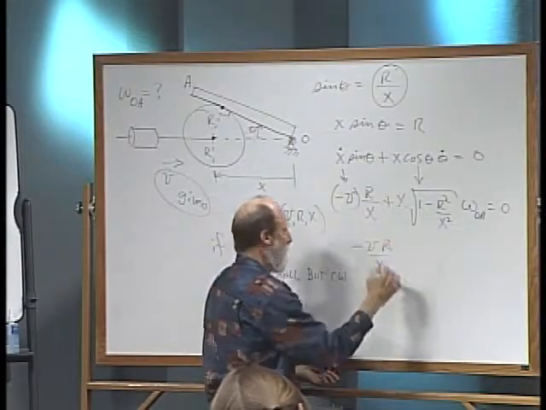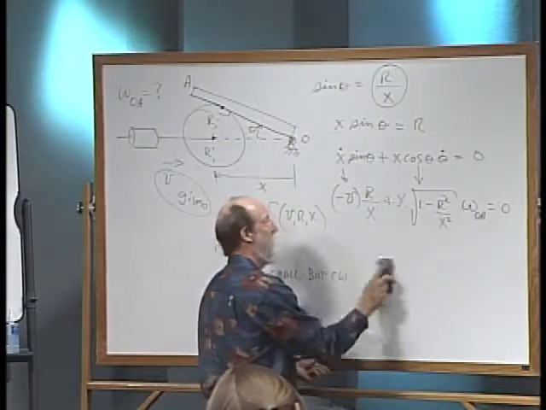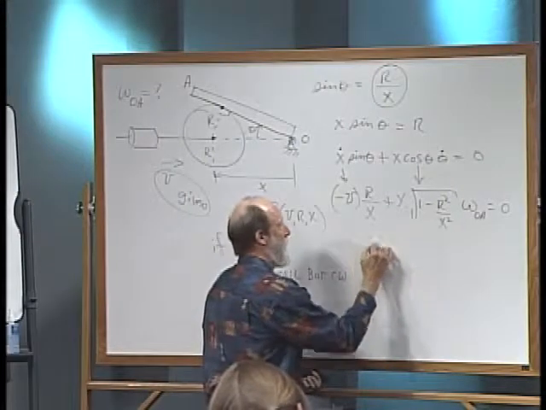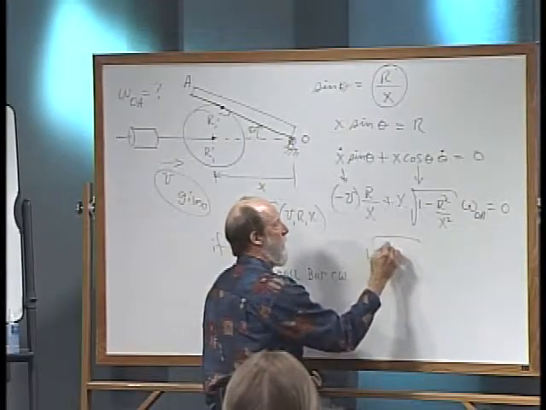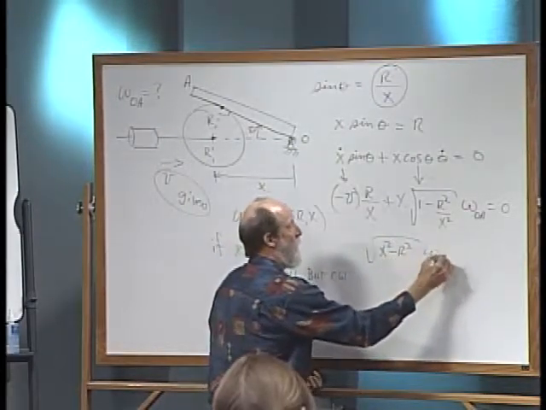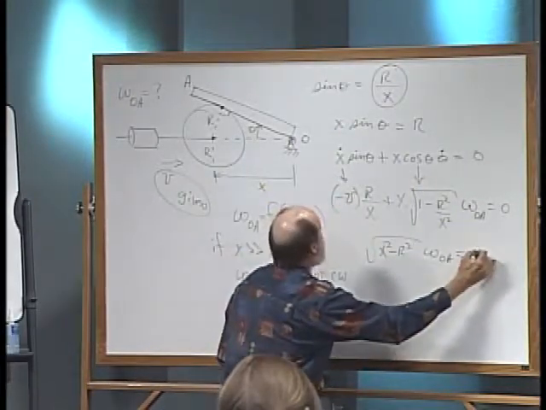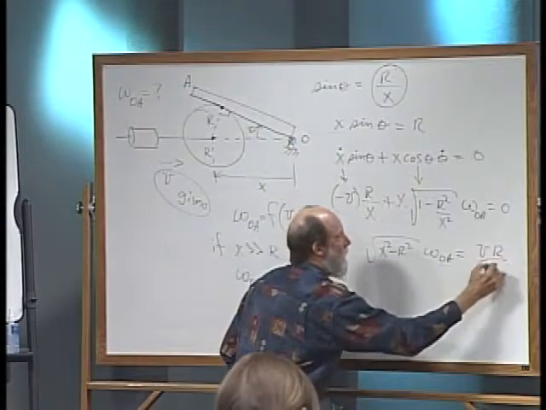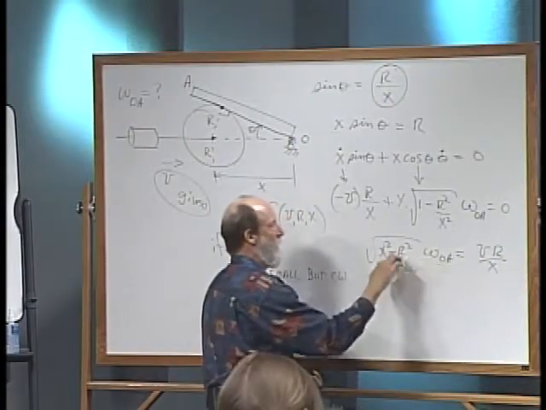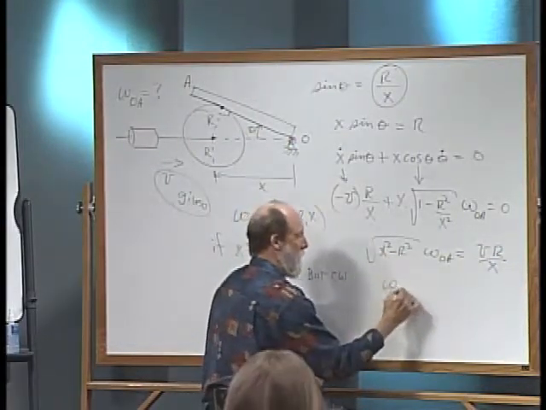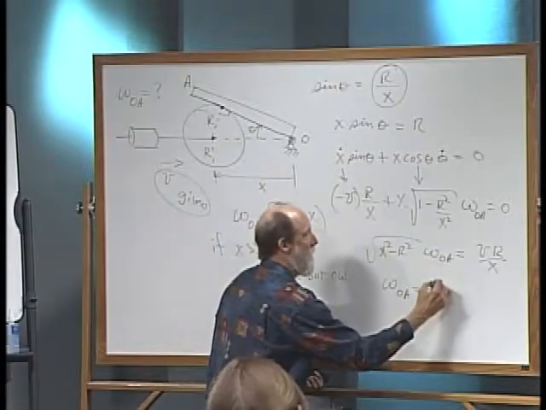Well, I'll take that to the other side. So we're going to end up getting the radical of x squared minus r squared times our unknown omega, and that's going to equal a positive now of this vr over x. And then we're going to kick this thing over into the denominator, and that should be our final answer.